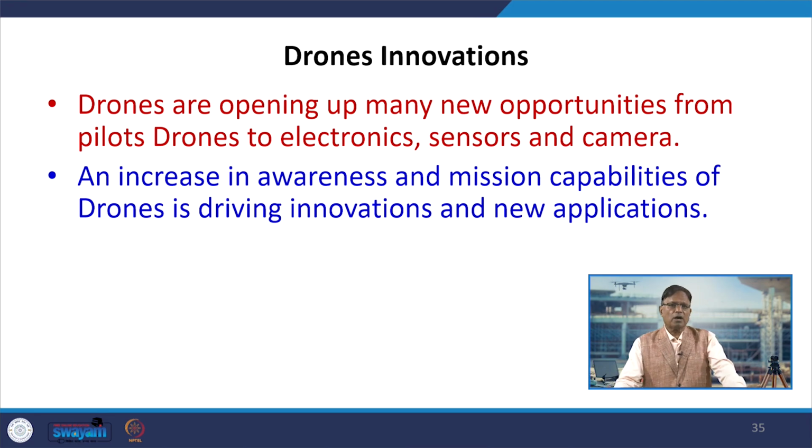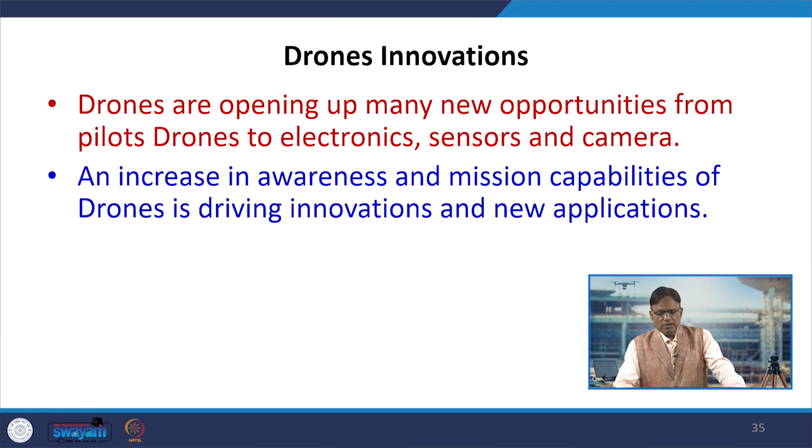There is continuous development going on in the various components of the drone, on how to make the drone more efficient and how to make the drone lightweight while housing most of these components and still giving us the best performance.